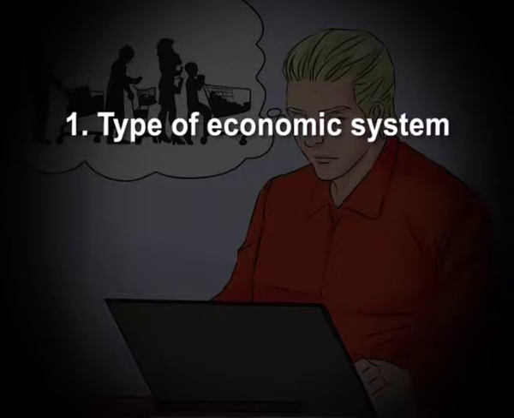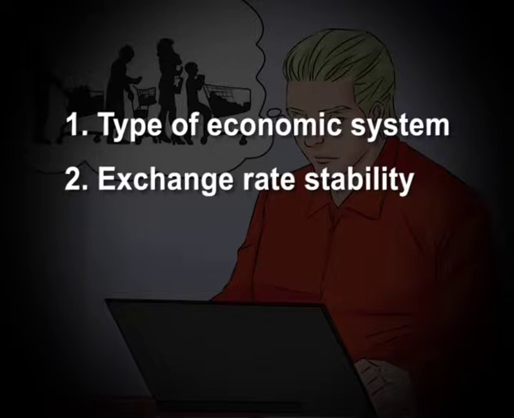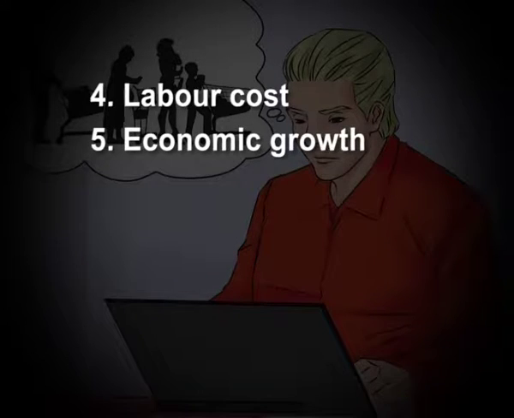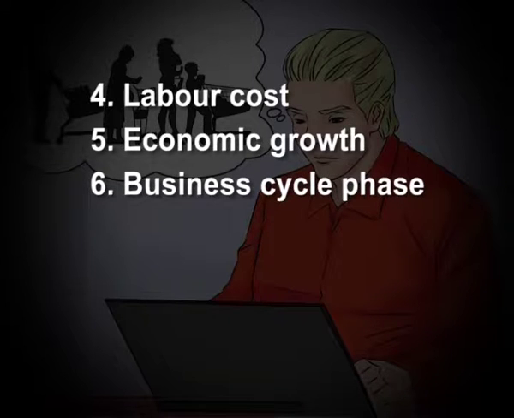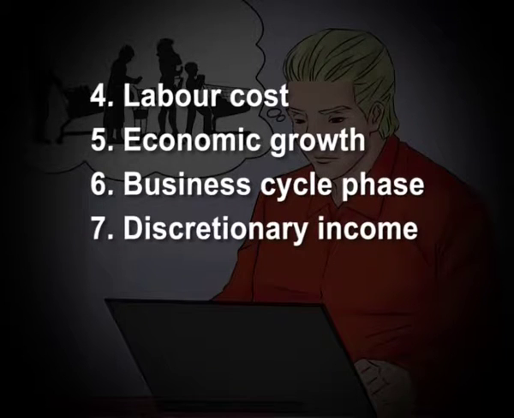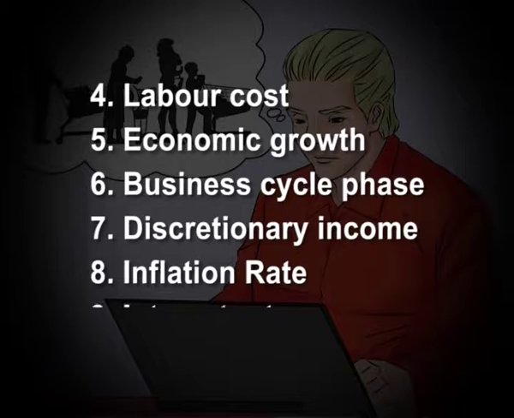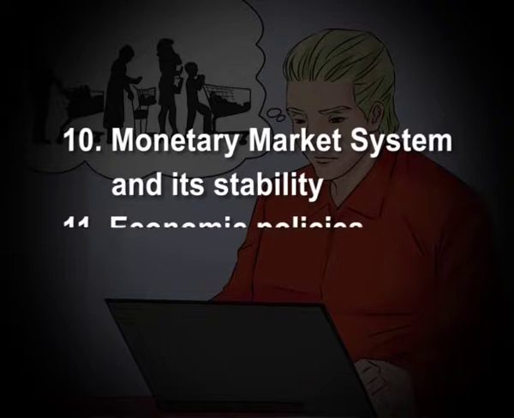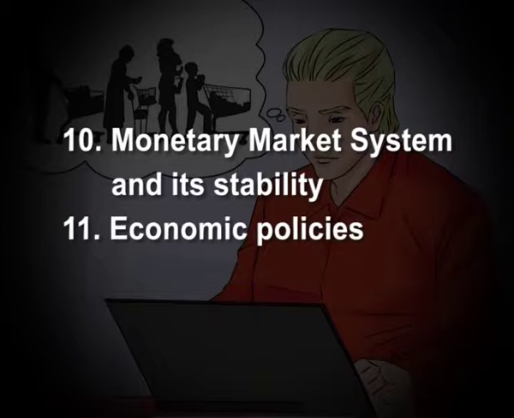In order to do the economic analysis, the following components may be considered: type of economic system, exchange rate stability, efficiency of financial markets, labor cost, economic growth, business cycle phase, discretionary income, inflation rate, interest rate, monetary market system and its stability, and economic policies.